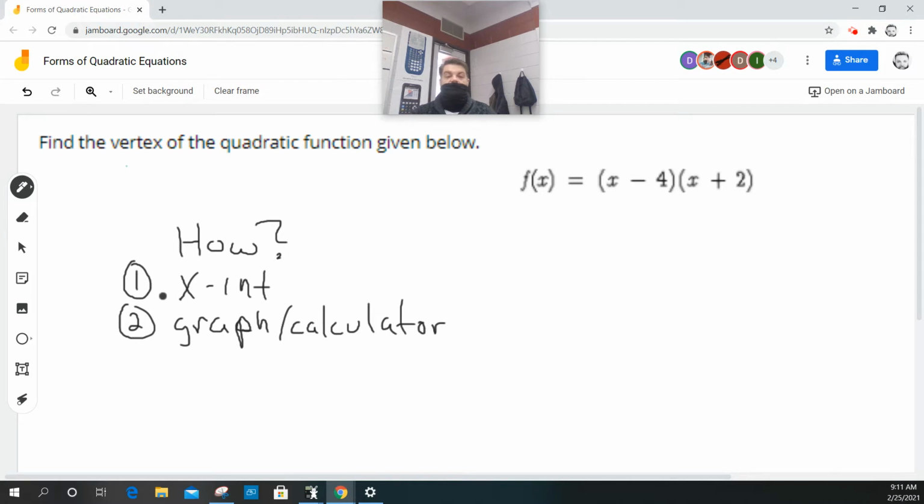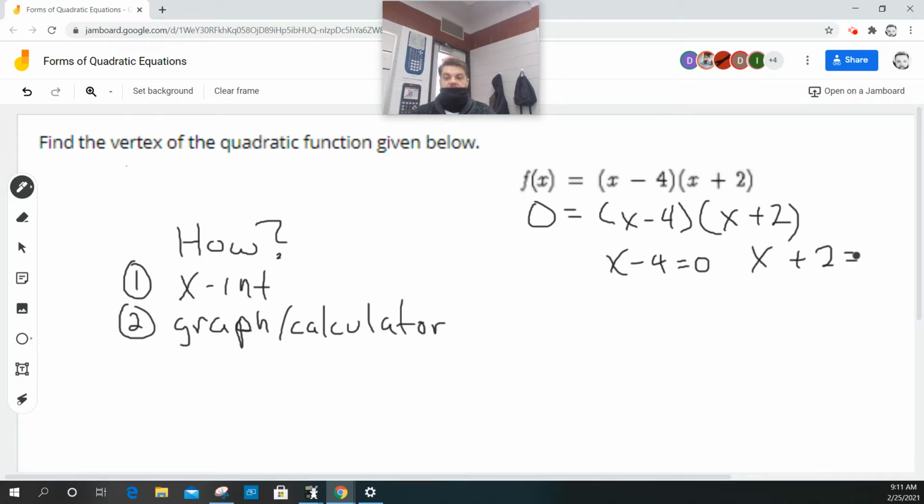So let's do the first process. Let's find the x-intercept. So the x-intercepts occur when y equals 0. So that means x minus 4 has to equal 0, and x plus 2 has to equal 0.